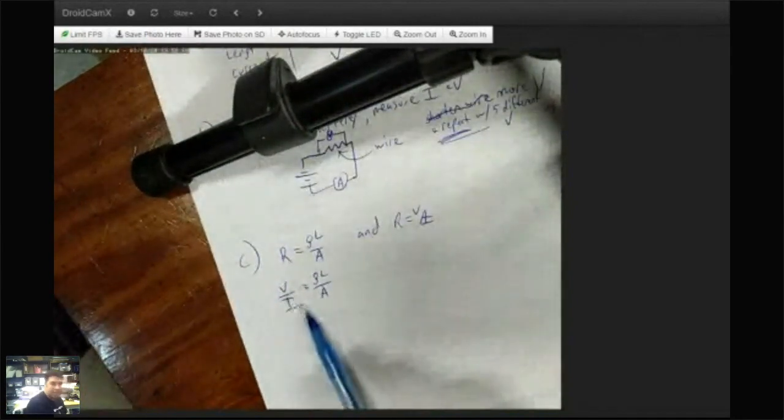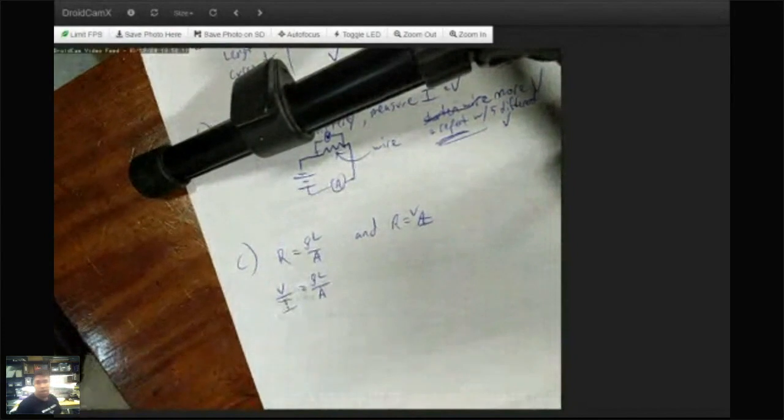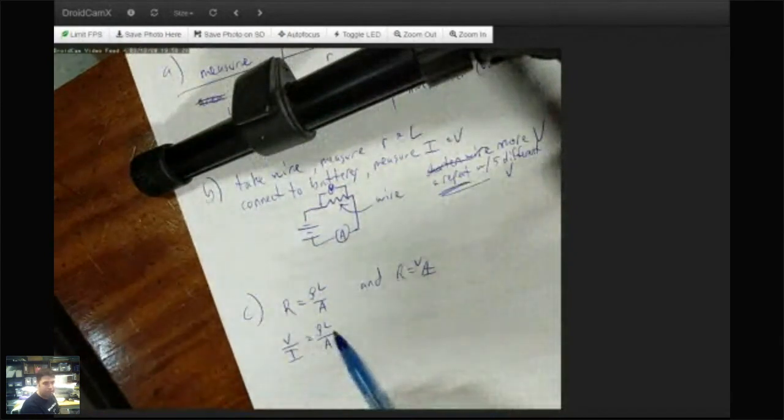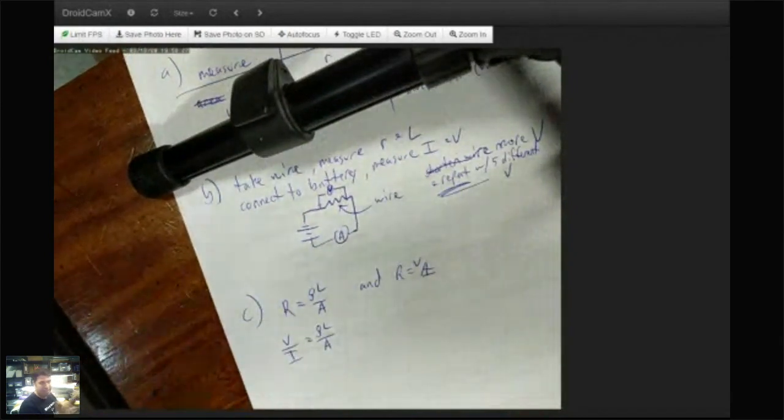My goal here is basically to get this in the form of a linear relationship. And once I get in that form, I'm going to graph it. So V is, in my case, what I'm changing. Now, if I was changing L, for example, I'd rearrange this to get L equals something.